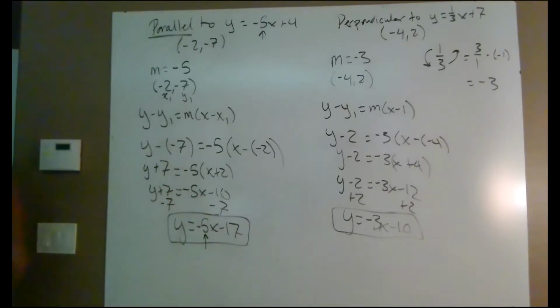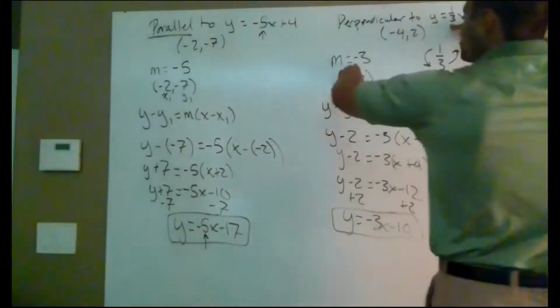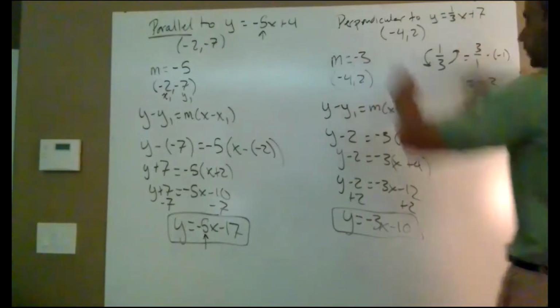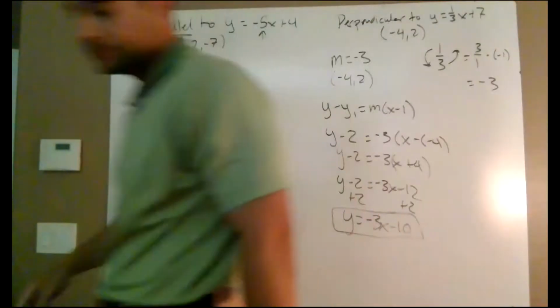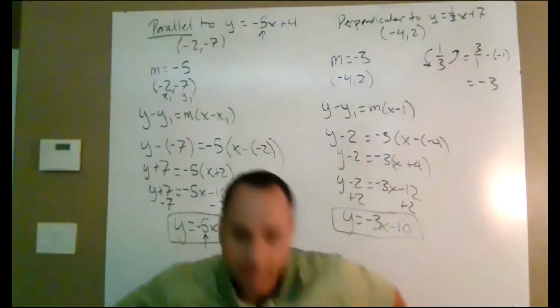If I'm not sure if I have the negative reciprocal, I can take the slopes, multiply them together, and I should get -1. -3 times 1/3 is -1. So when we see that, we feel confident that we did it right.